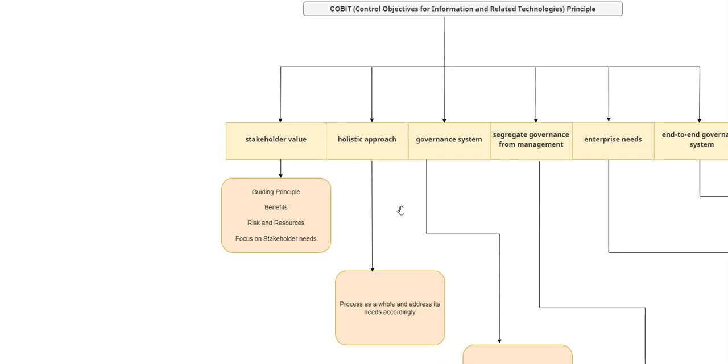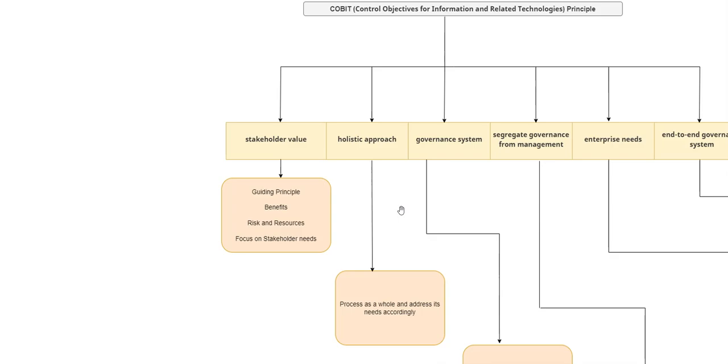So the four principles are used to create governance guidelines for organizations that include this principle, benefits, risk, and resources, based on the needs of the stakeholder.